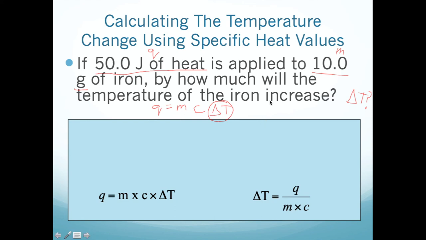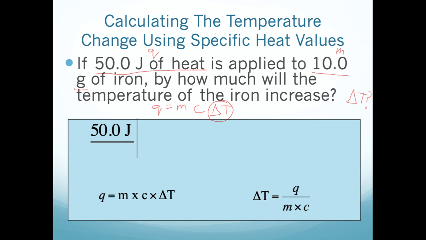Now, notice that the question gives us Q, it gives us m, we're solving for delta T. The question doesn't directly tell us c. Now, if this were a quiz or exam, I would tell you the value of c. In this case, since it's not a quiz or exam, you can look that up in the table that was a few slides back. But to jog your memories, the specific heat capacity for iron is 0.45 joules per gram degree Celsius.